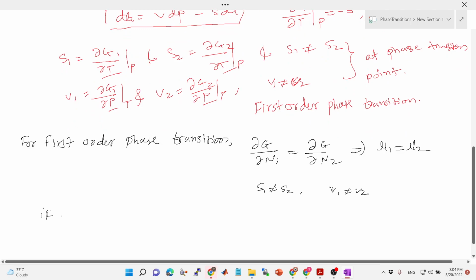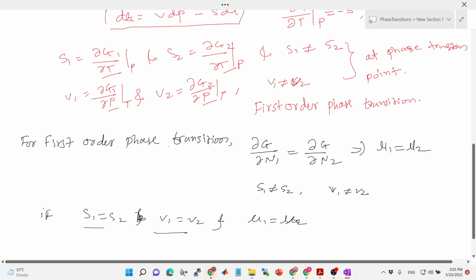If S1 is equal to S2 and V1 is equal to V2 along with mu1 is equal to mu2, what does that mean? S1 equal to S2 and V1 equal to V2 means these derivatives have the same values, that means they are continuous.